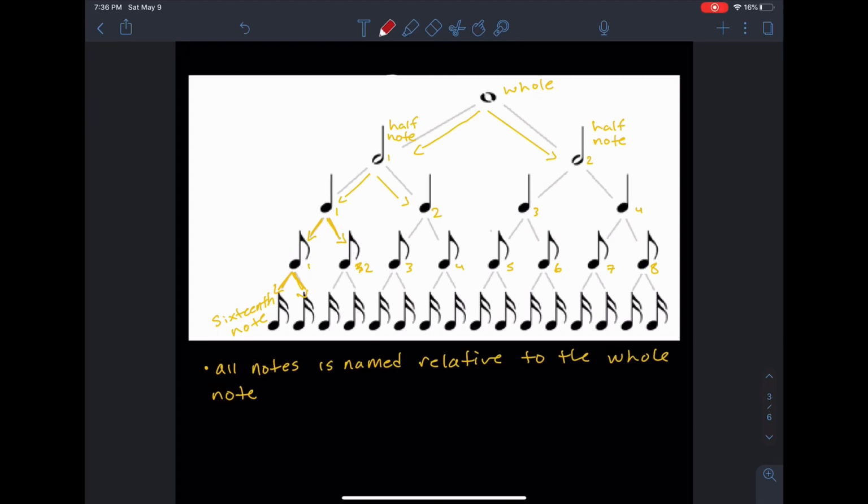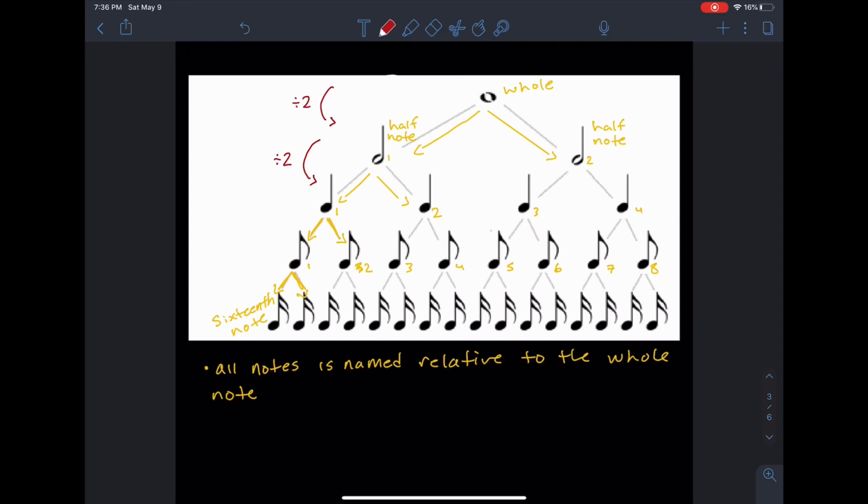So starting at our whole note, we can divide the duration of a whole note by 2. So we can divide by 2, and we get half notes. Remember, a half note is worth half of a whole note. We take that one step further. We can divide again by 2. And now we have quarter notes.